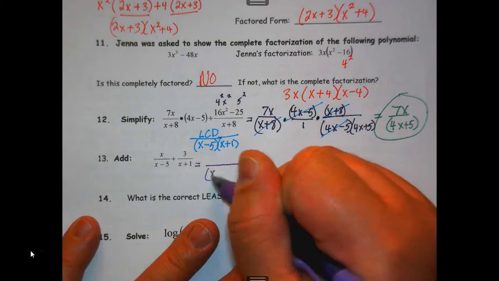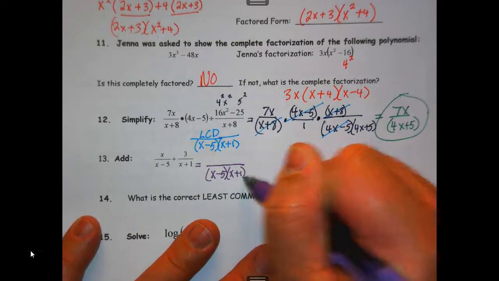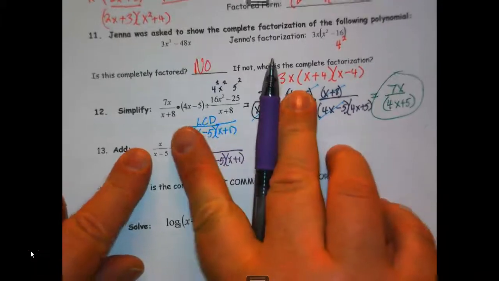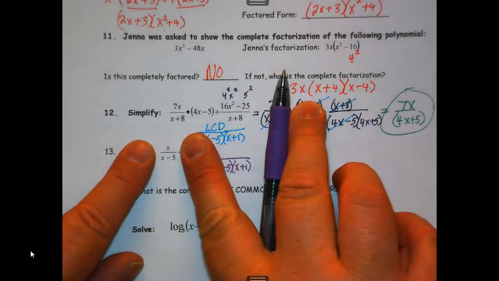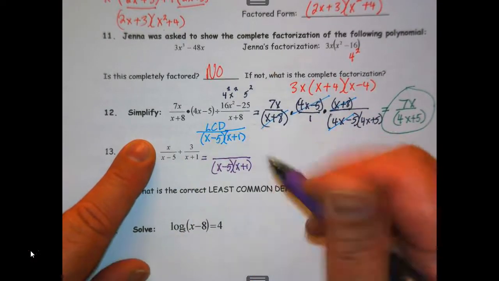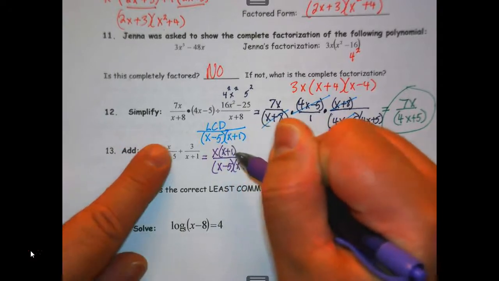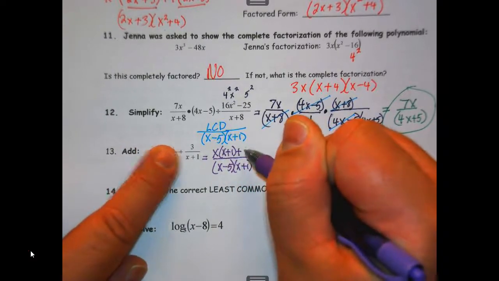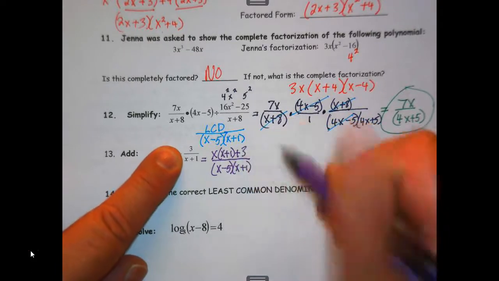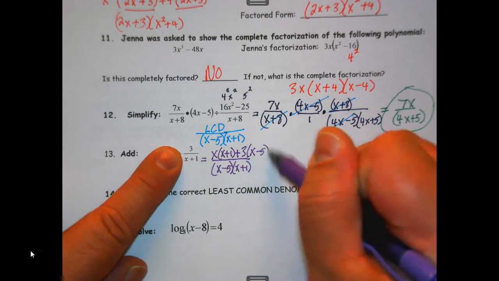So I have x minus 5, x plus 1. Okay, what am I going to multiply the first fraction by? X plus 1, right? Plus 3. What am I going to multiply the 3 by? Yep.